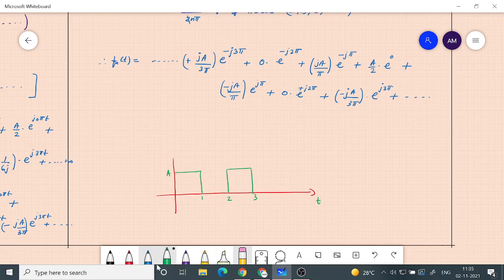Maybe I should draw the approximation with a different color. Depending upon how many terms you take, this will look like this. This is what you will get. So it will tend to become a very good approximation in the limit when we take an infinite number of terms.